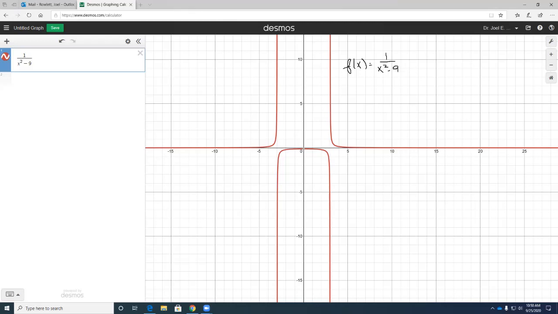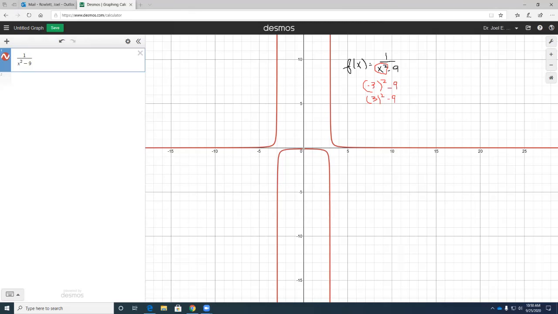In other words, what number squared would give you 9, which would make you have 9 minus 9, which is 0? Well, we know that -3 times itself is 9, so -3 is not allowed because -3 squared is 9. And then, of course, 9 minus 9 would give you a 0 in the denominator. And also, we cannot use +3 because +3 squared would give you a 9, and then 9 minus 9 would be 0 again.